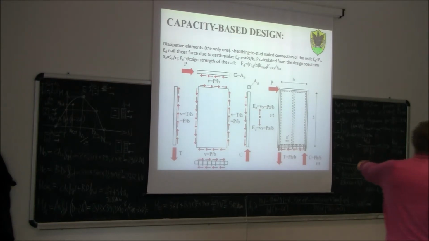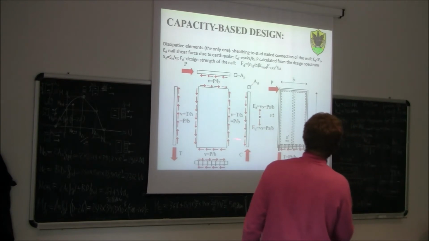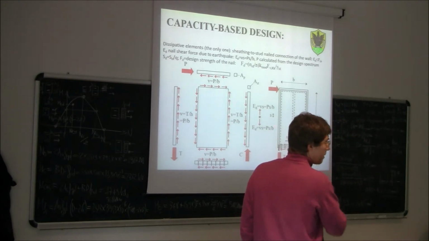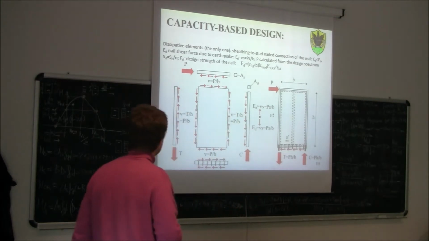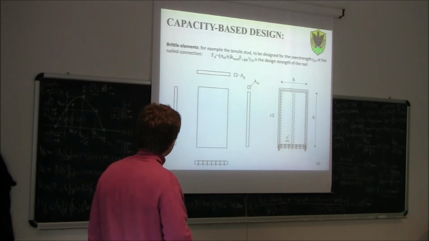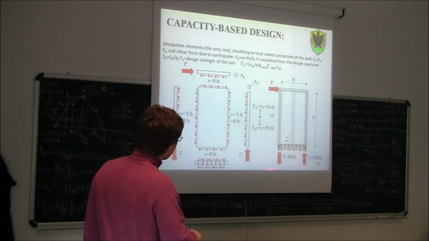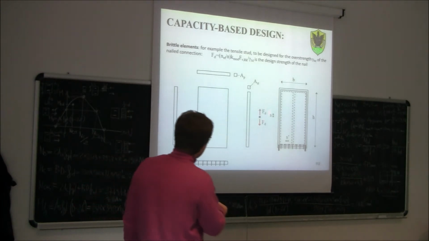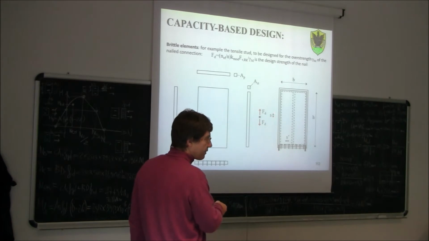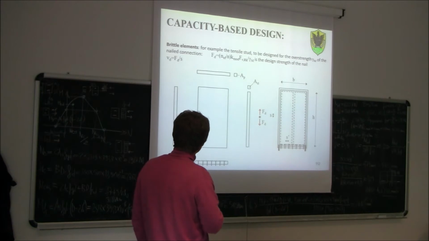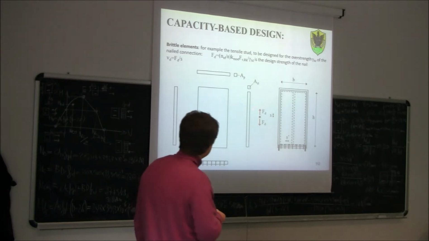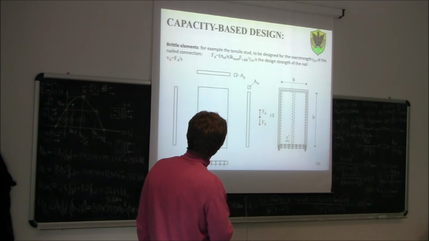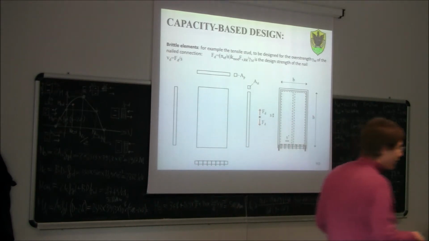And from the equilibrium, we calculate again C, T, V, and all the other forces acting on this member. Once we have designed the nail, I need to recalculate the strength, Fd, with this formula, and then recalculate the design shear.